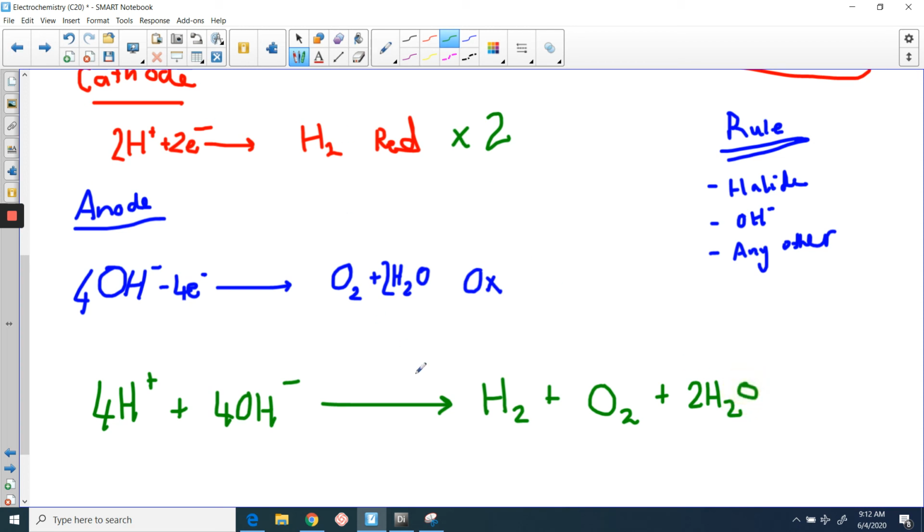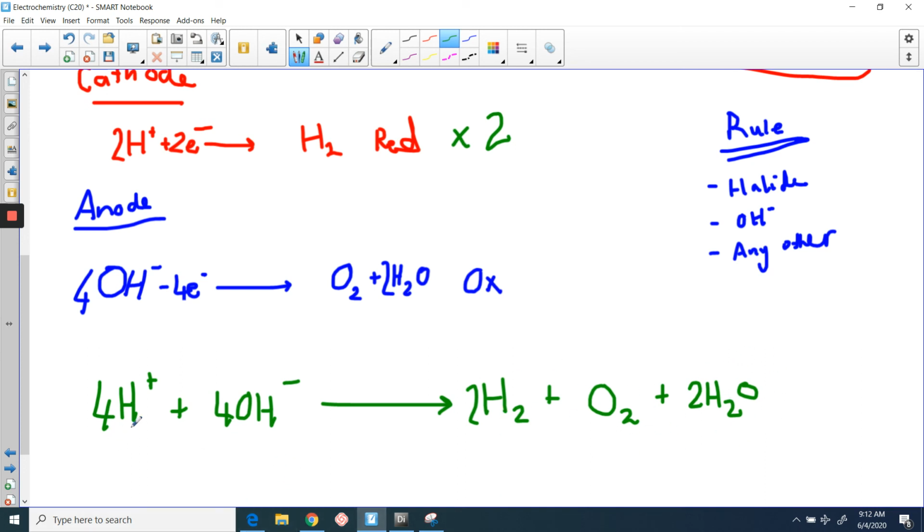What I've forgotten to do is, remember, I doubled everything up here, so I should be producing 2 molecules of hydrogen gas for every 1 molecule of oxygen, or 2 moles of hydrogen for every 1 mole of oxygen. Obviously, we're producing water at the same time as well, but this isn't a vapor, so this is not bubbling off.